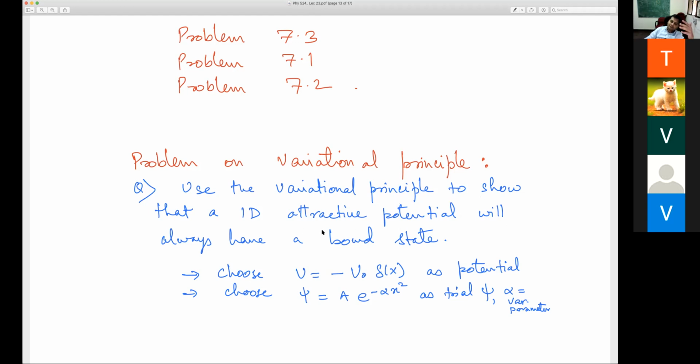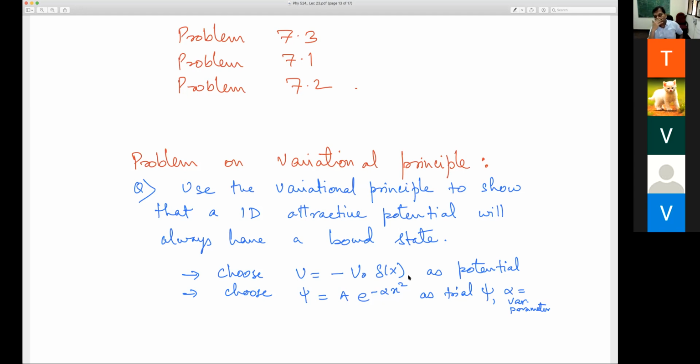Okay, but just to make it easy for you, choose the weakest attractive potential that you can find. V is minus V0 delta of x. So I am giving you a delta function potential located at x equal to 0 of amplitude V0 to work with. And then I want you to show that it will have a bound state.